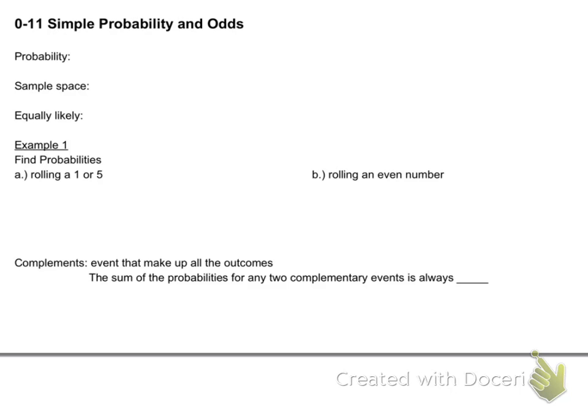Probability. What is probability? Probability is the number of favorable outcomes to the total. So that's what probability is. Favorable outcomes to total. It's the ratio.